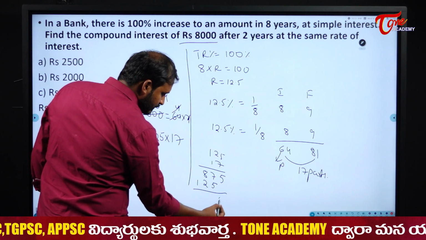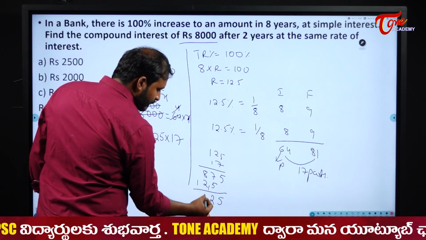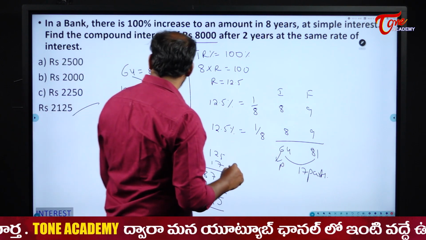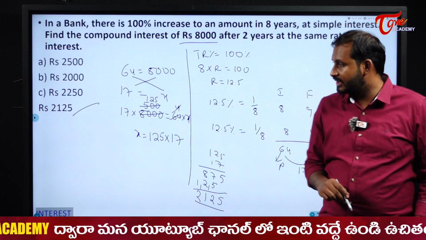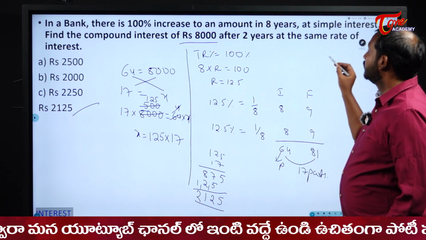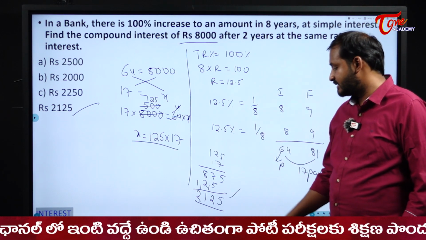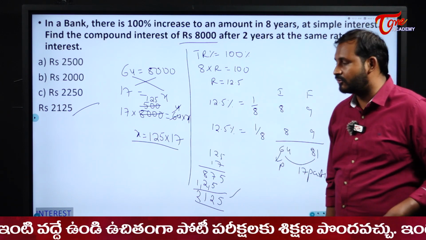So 2125. So the compound interest here will become 2125 rupees.